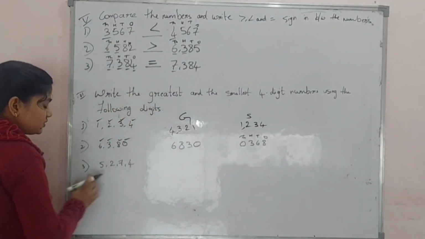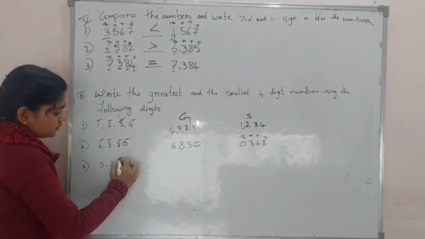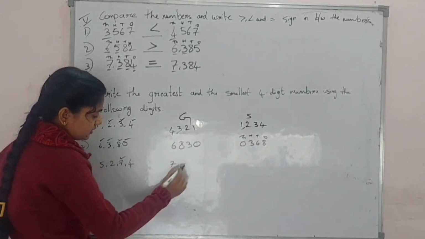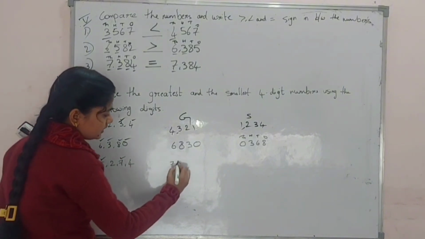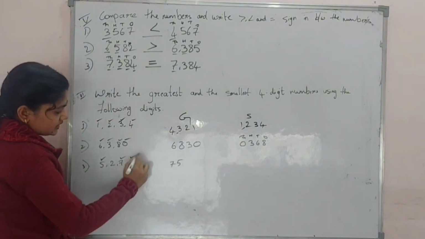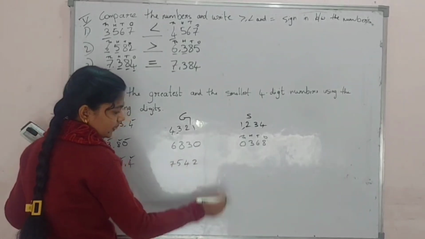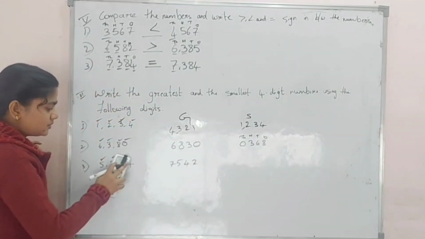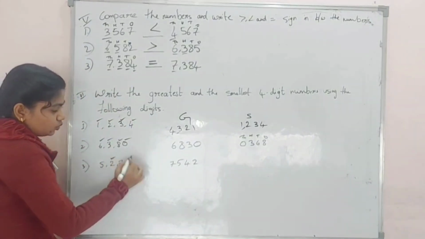Next, the third one. Here also same. First we take the greatest number. 7 is the greatest here, and the second greatest is 5. Next, 4 is the greatest. Next remaining is 2. Next, the smallest number. First we pick the smallest number here: 2 is the smallest.